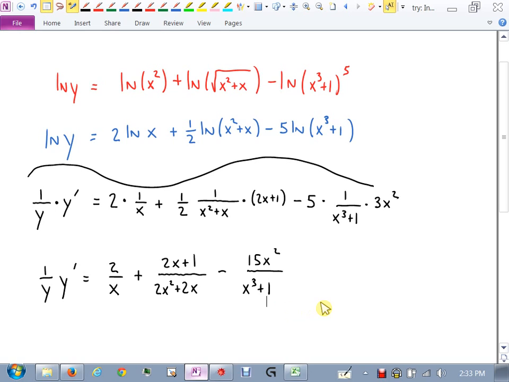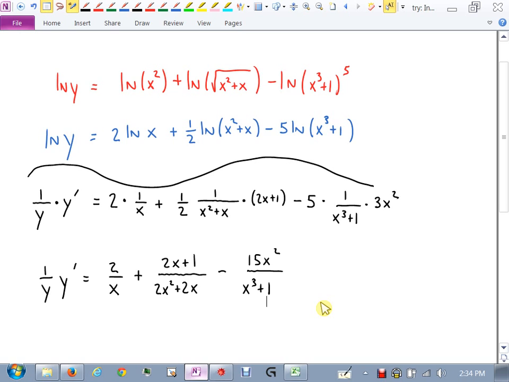All I did here, 2 times 1 over x, 2 goes on top. On the next one, I brought the 2x plus 1, put it on top of the x squared plus x, and then I distributed the 2 through the bottom. On this one, negative 5 and positive 3 is 15x squared, so minus 15x squared over the bottom. Everyone okay with this?